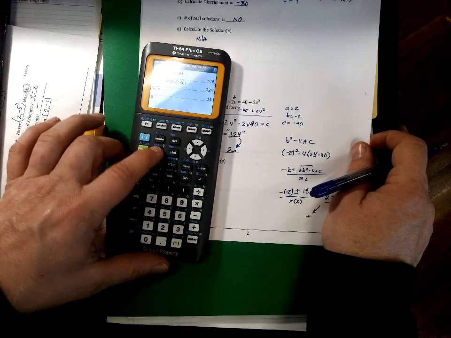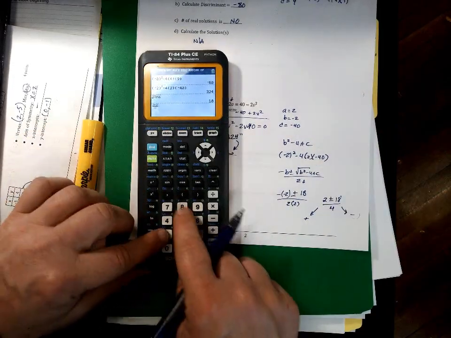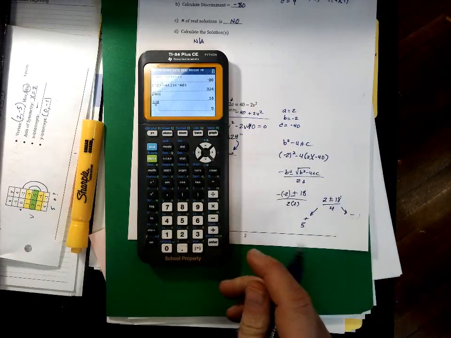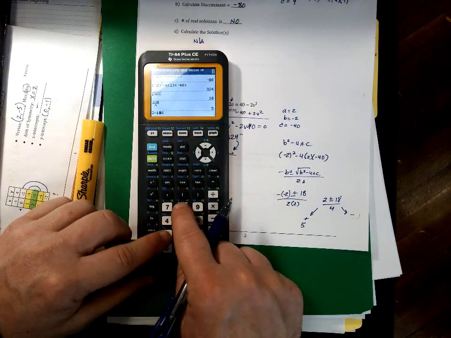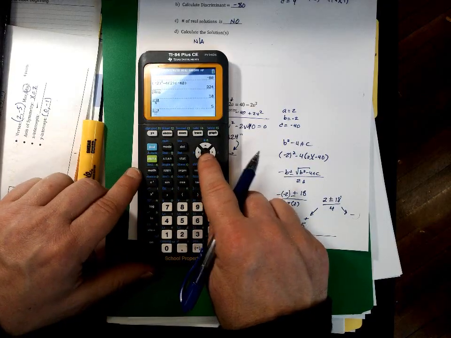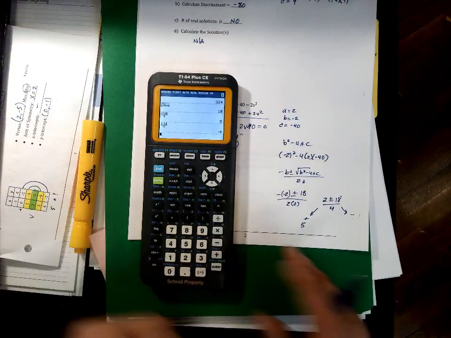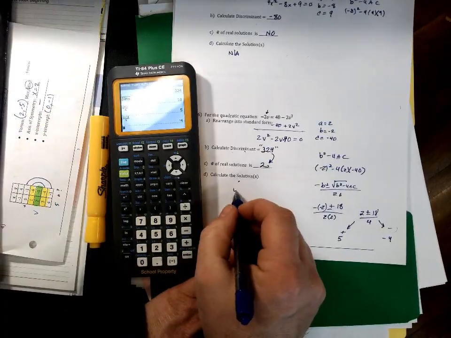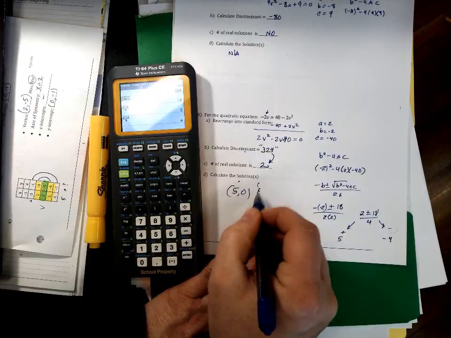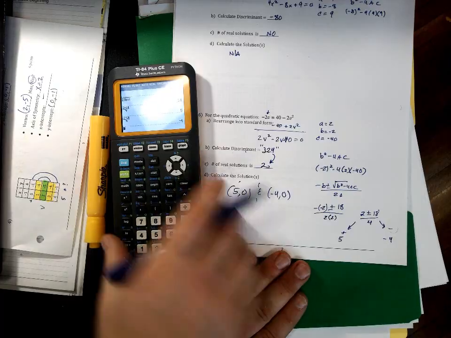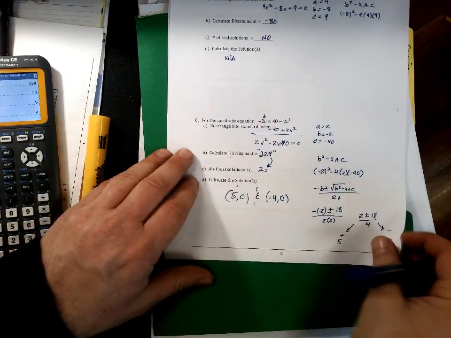So 2 plus 18 over 4 is 5. And 2 minus 18 over 4 is negative 4. What that means, (5, 0) and (-4, 0) are the solutions to this parabola. It's where it would hit the x-axis.